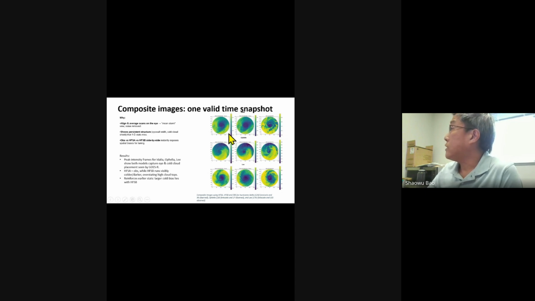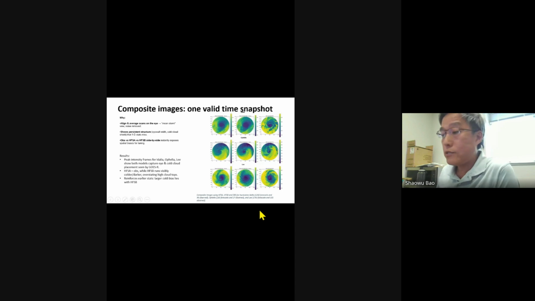But here we can see, again, the model is generating more high, cold cloud areas than the observation. And clearly you can see the observation images have more warm areas, indicated by the yellow areas, than the models.